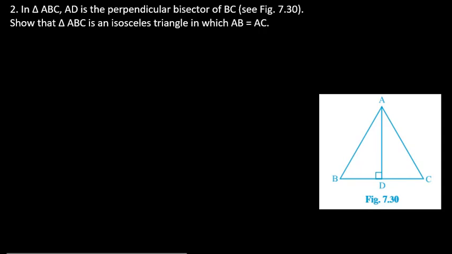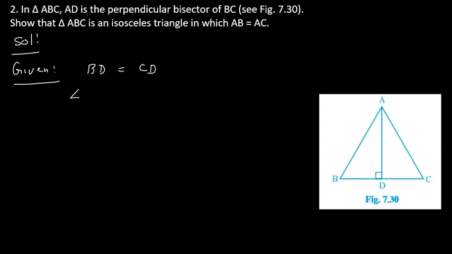So, here in the solution we can say what is given. BD equals CD is given and angle ADB is equal to angle ADC. This is given. What we have to prove?